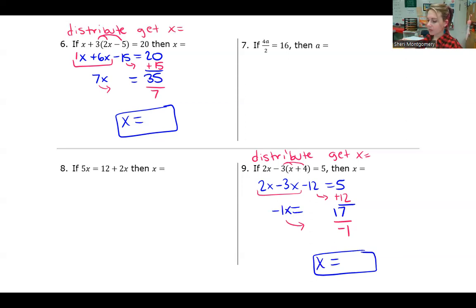What do you get? 17 divided by negative 1. Yep, negative 17.